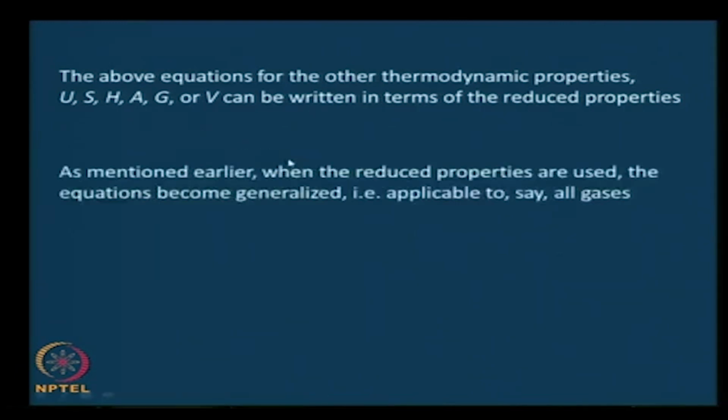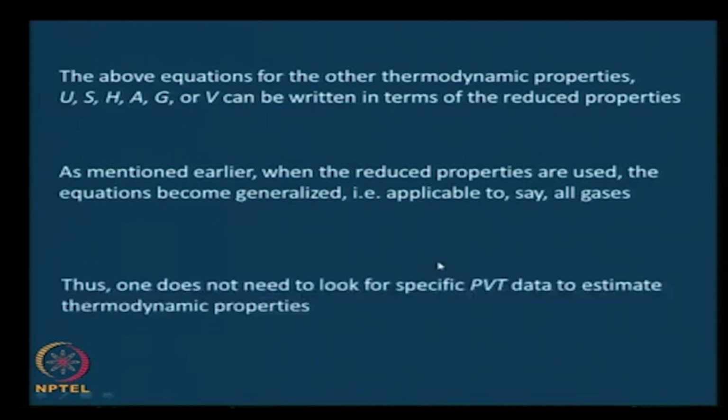And as mentioned earlier, when generalized properties are used, the equations become generalized, in other words applicable to all gases, and one therefore does not need the PVT data for specific pure substances to estimate the thermodynamic properties.